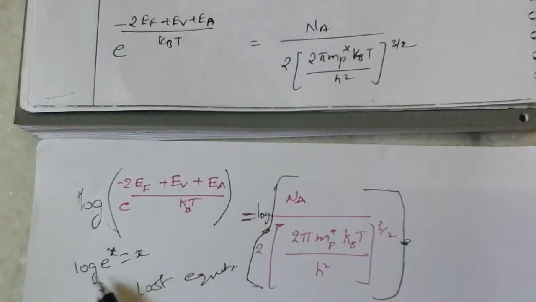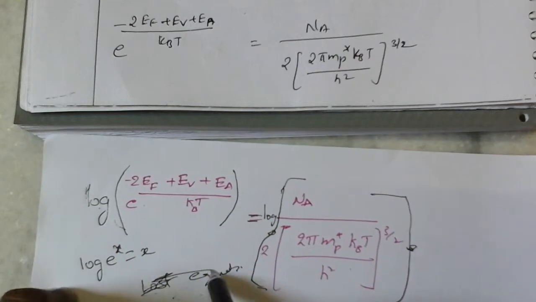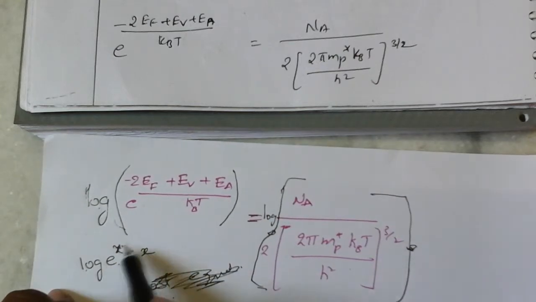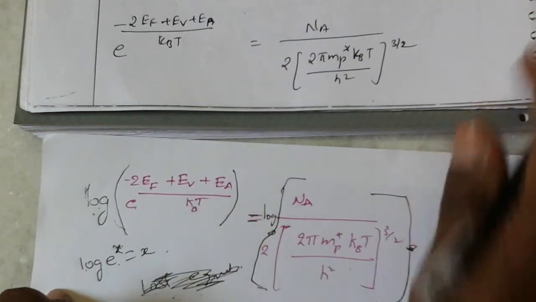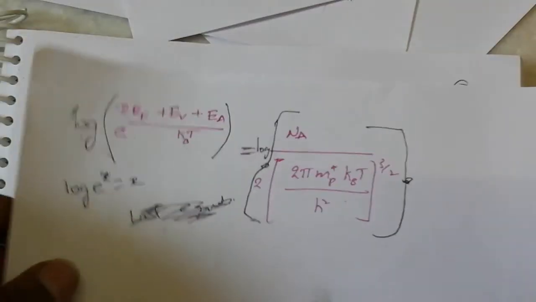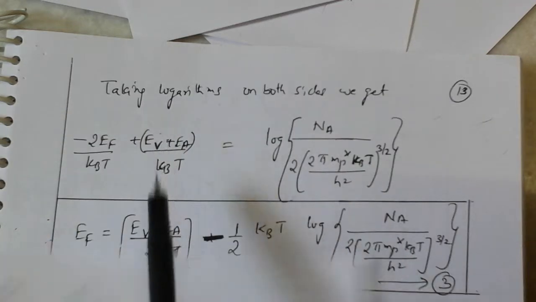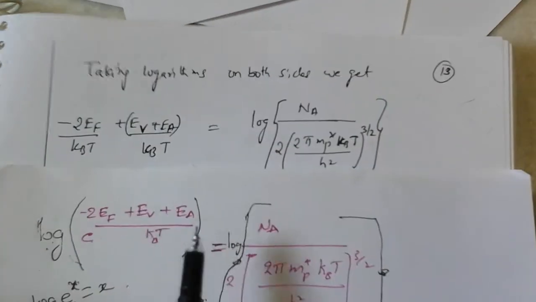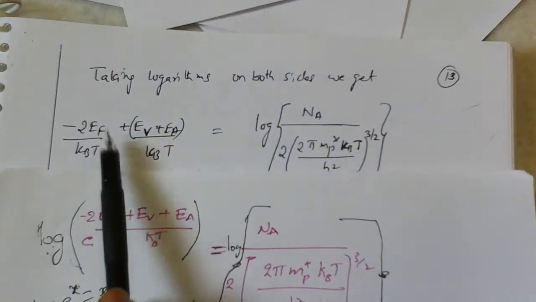Then according to the formula, log e power x is equal to x, so it is going to become x only. That same x we are getting here.